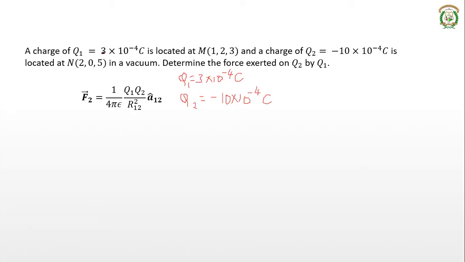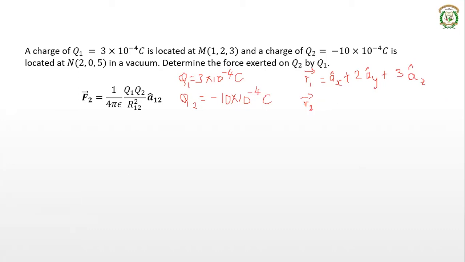Okay, from this we can write R1 and R2. Q1 is located at this particular point, so R1 we can write using the coordinates of point M, that is AX plus 2AY plus 3AZ, right? Similarly, point N is given, so that can make R2, because Q2 is located at that particular point.